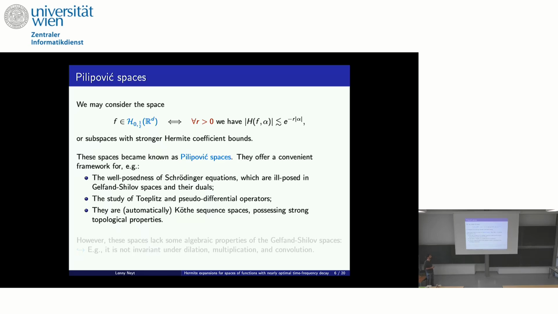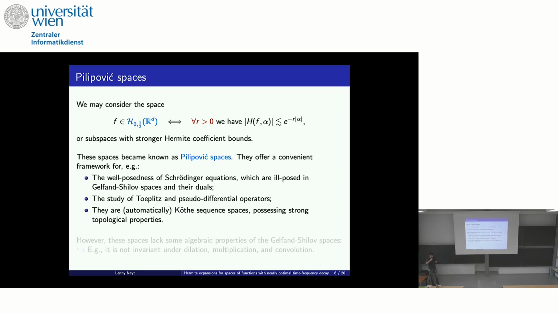but what also for me personally was somewhat special about these spaces, they are automatically Köthe sequence spaces, so topologically they possess very strong properties, okay? And that's actually why earlier Langenbruch did his results, because when you have this kind of structure that is actually just a weighted sequence space, then you can apply various abstract functional analytic results.